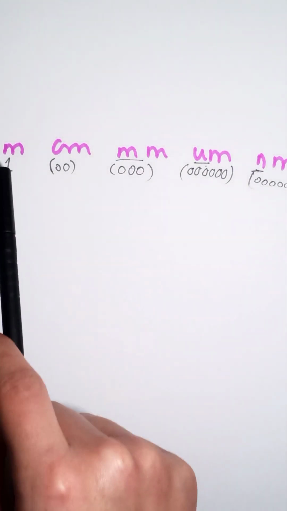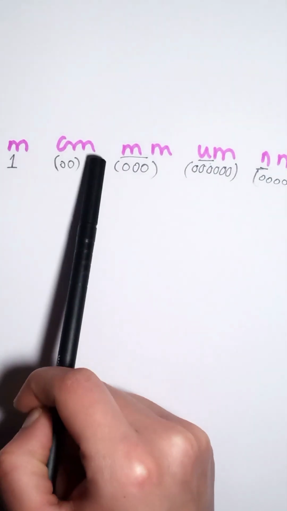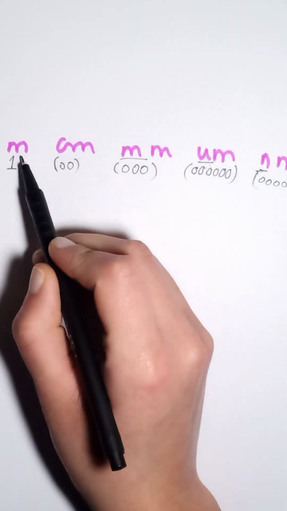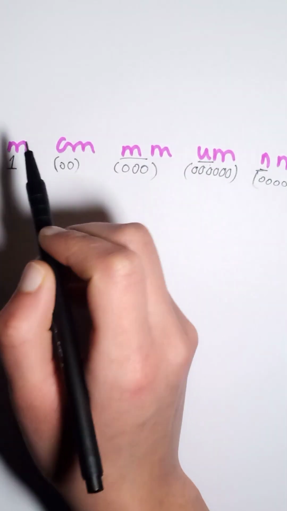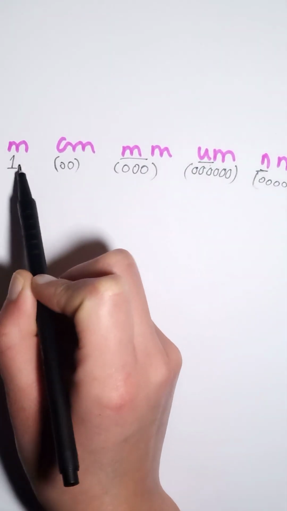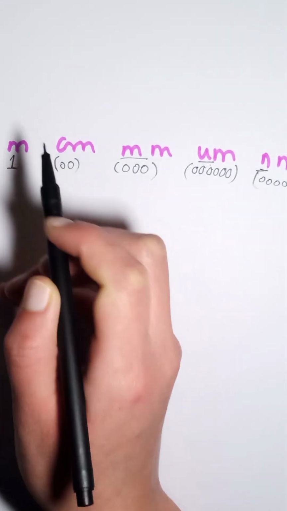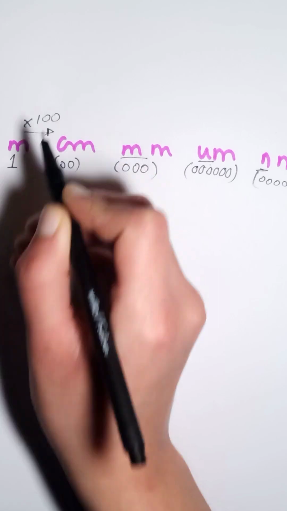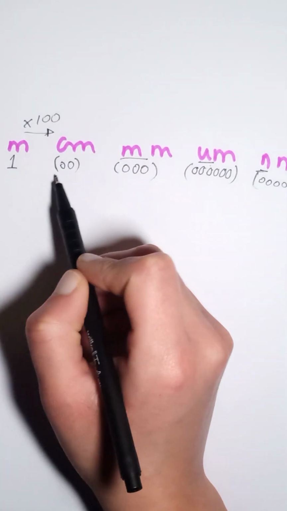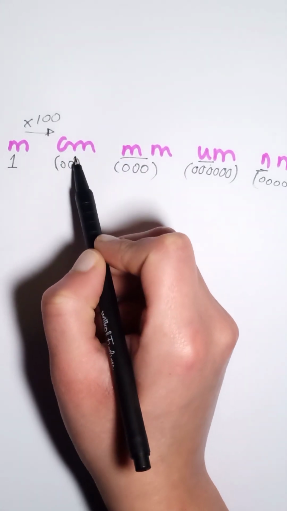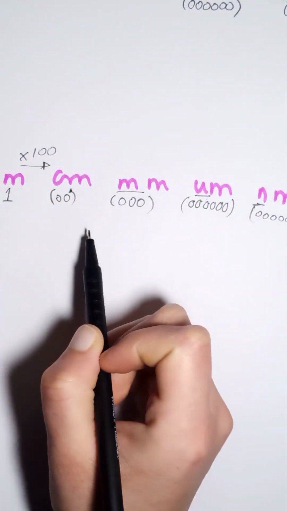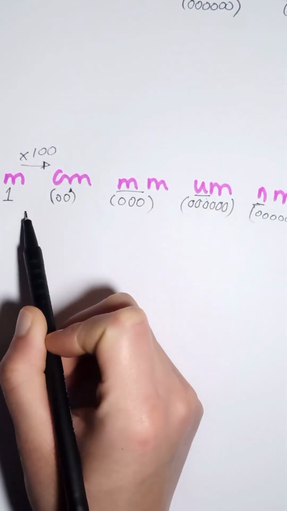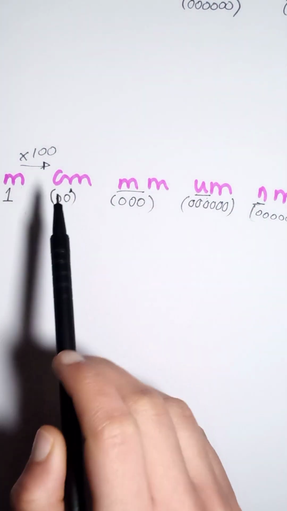Meters is bigger than centimeters, so to convert meters into centimeters, we're converting from the bigger to the smaller, so we multiply by 100, because meters contain 100 centimeters. Centimeters is smaller than meters, so it has less to give.